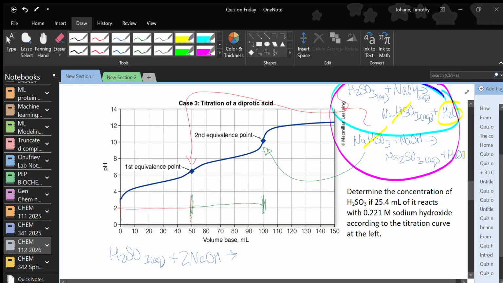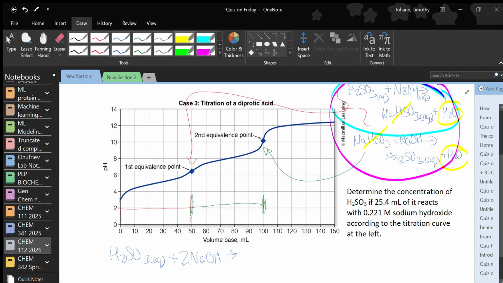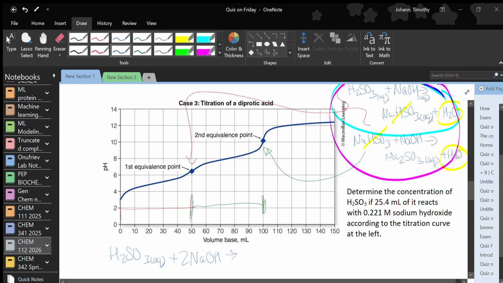Then I'm going to have two waters, one for each reaction, as products. So that reacting with 2 NaOH gives me Na2SO3, that's my salt, aqueous, and then two waters, like that. Okay?